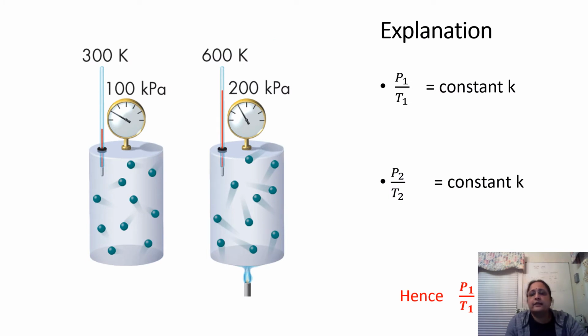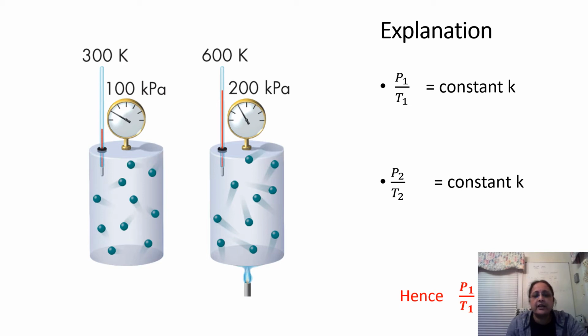Let's discuss in detail Gay-Lussac's law. Let's take a scenario here. A gas before was at 300 Kelvin temperature and 100 kilopascal pressure. Assume that we have increased the temperature to 600 K, that means almost doubled. Then the pressure also becomes doubled, 100 to 200 kilopascal.